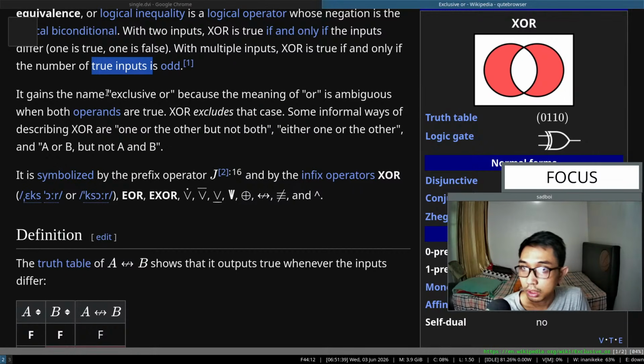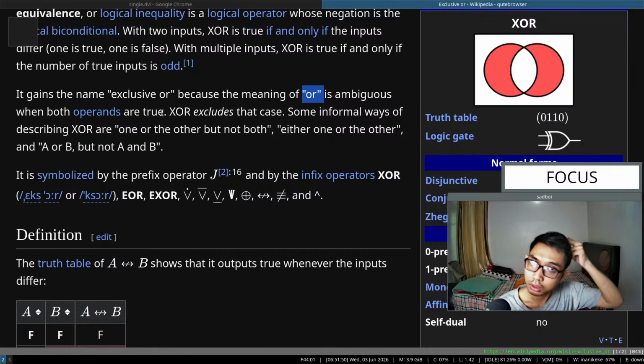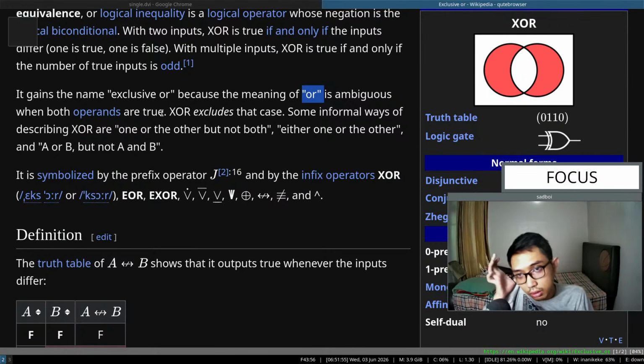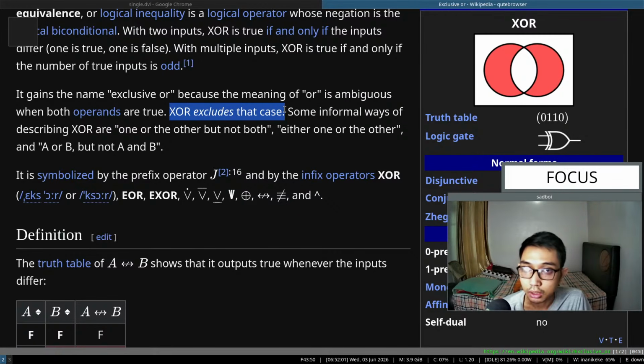It gets the name exclusive OR because the meaning of OR is ambiguous when both operands are true. XOR excludes that case.